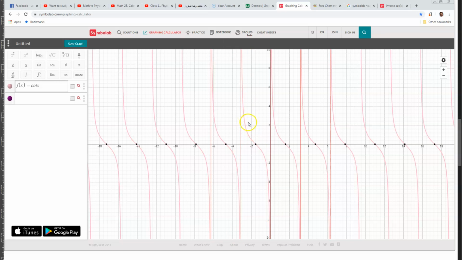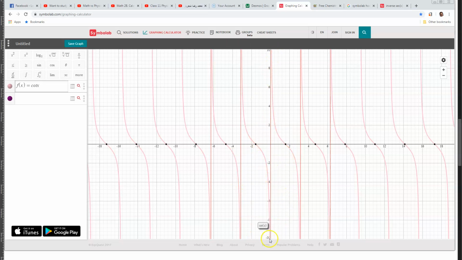That's the cot function. And as we discussed before, the only difference between the cot function and the tan function is that the orientation of the functions are different, meaning that between each of the periods of the function, for example, between these two vertical asymptotes that you see here, the tan function would start from negative infinity and go all the way up to positive infinity.